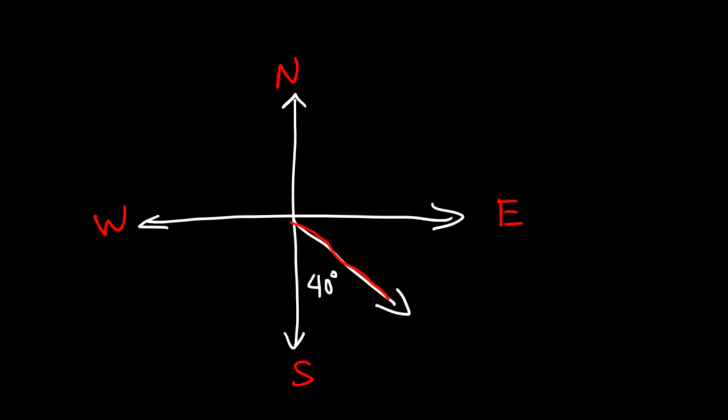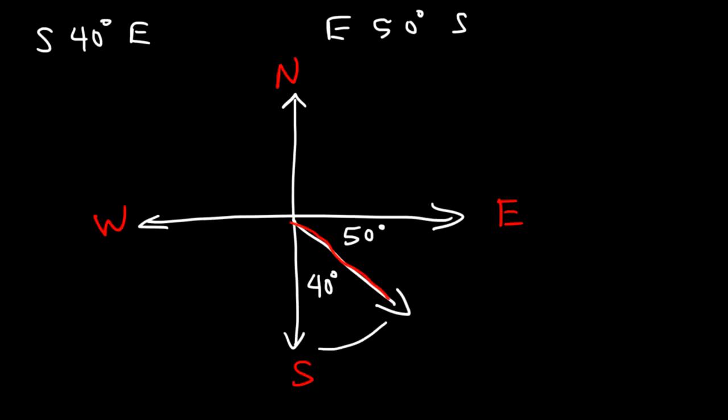What's the answer? Now this angle is 50. So should we say south 40 degrees east, or should we say east 50 degrees south? Are both answers correct, or should we use one over the other?